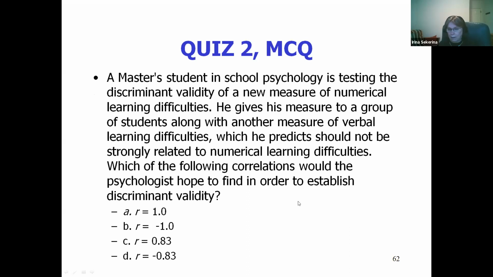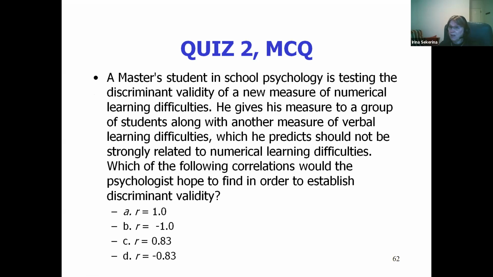All right, one more, and then we'll have a break. So this is, oh, maybe there's two more. We'll see. That is from your quiz 2. A master's student in school psychology is testing the discriminant validity. So now at this point, you could say, okay, discriminant, what does it mean if there are two different measures?